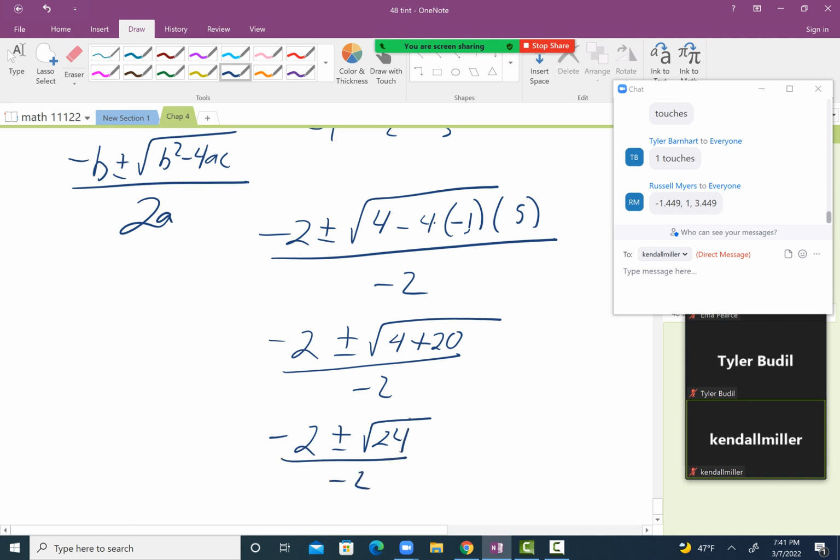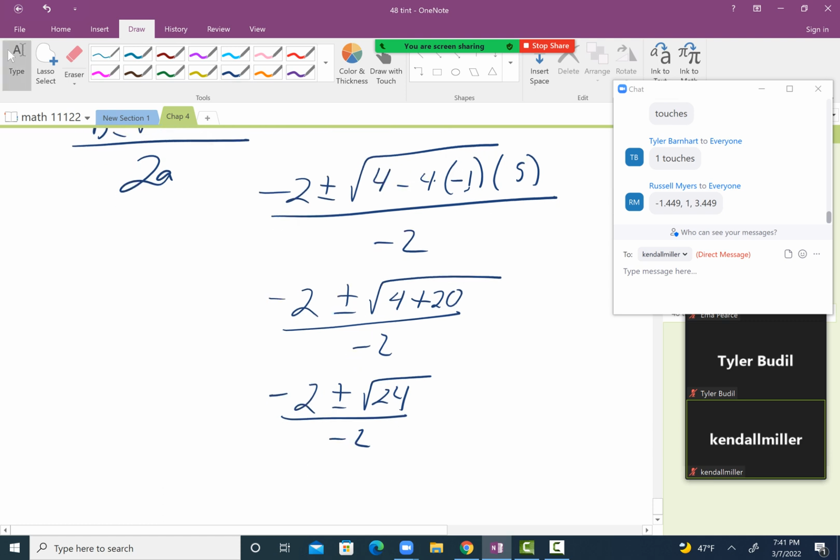Now this one, again, you can reduce it. What do I mean by that? Well, this probably is something that you might remember, but most likely not. So here I'm writing down our perfect squares. 1 squared is 1, 2 squared is 4, 3 squared is 9, 4 squared is 16, 5 squared is 25.